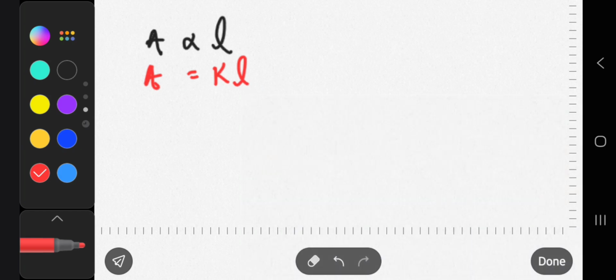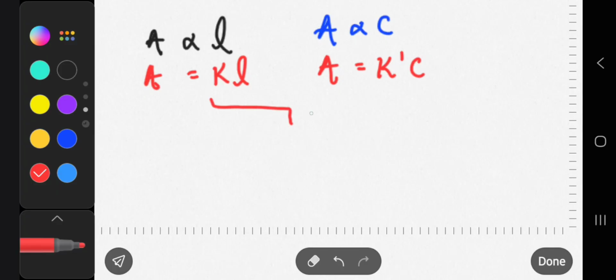Then according to Beer, he postulated that absorbance is directly proportional to concentration, and in that case, there is also a constant. Let me differentiate the constant by this prime. It's the combination of these two principles that gave birth to why we're able to use the UV spectrophotometer.